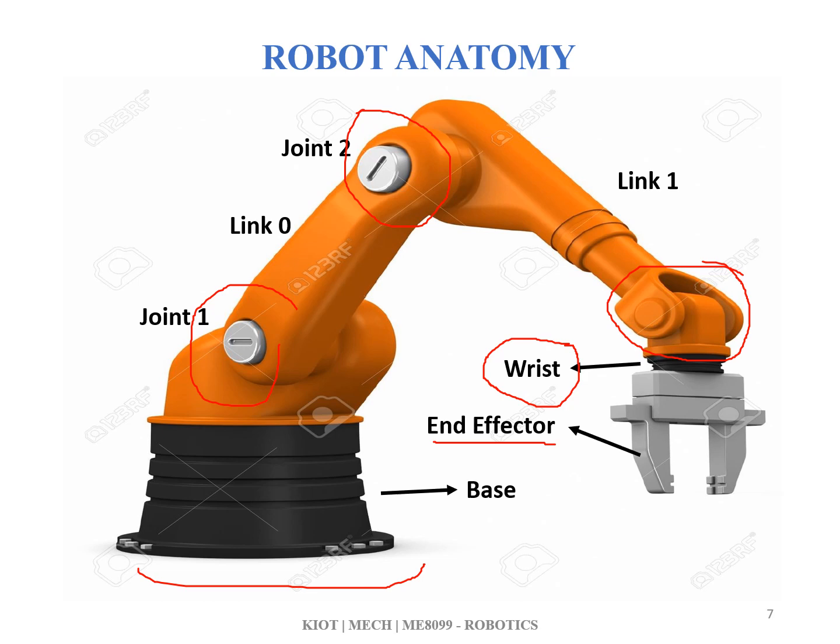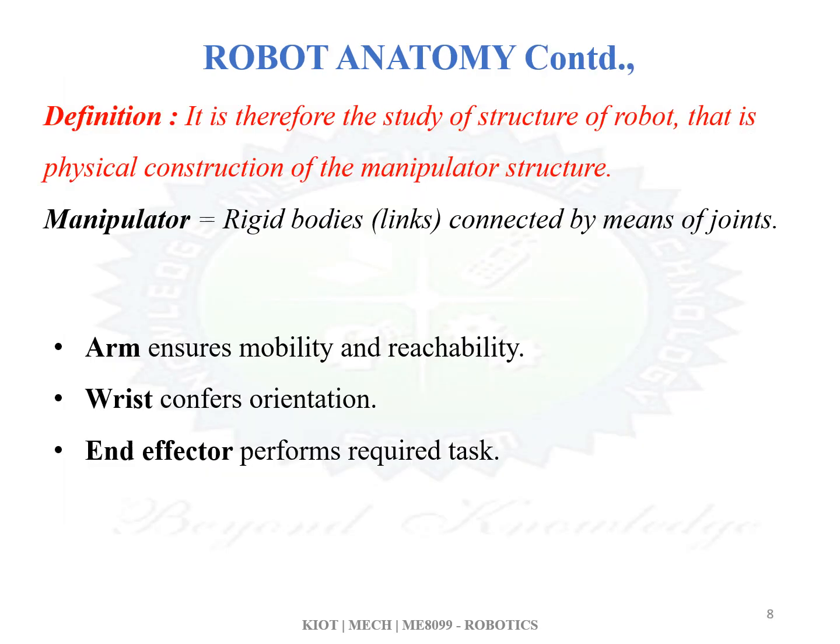Let us go into the slide. So let us see the definition of robot anatomy. It is the study of structure of a robot, that is the physical construction of the manipulator structure.